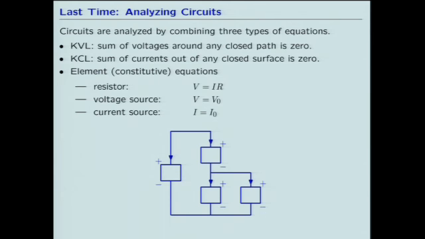How do you think about voltages? Well, the sum of the voltages around any closed loop is 0. Done. KVL, Kirchhoff's voltage law. How do you think about currents? Draw any surface. The net current that leaves the surface is 0, KCL, Kirchhoff's current law. How do you think about the elements? Well, it depends on the element. If you're thinking about a linear resistor, it's Ohm's law, V equals IR.